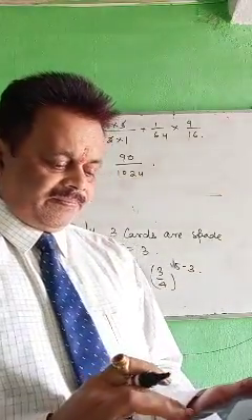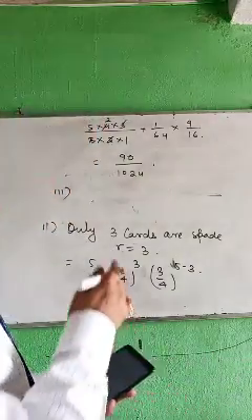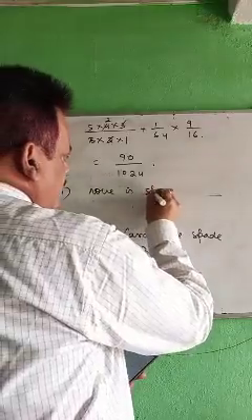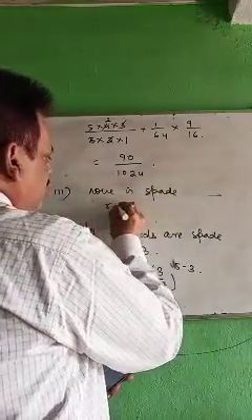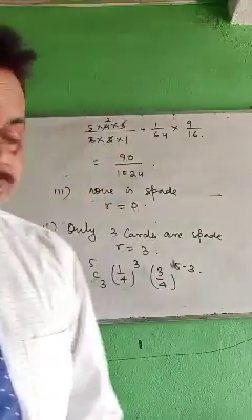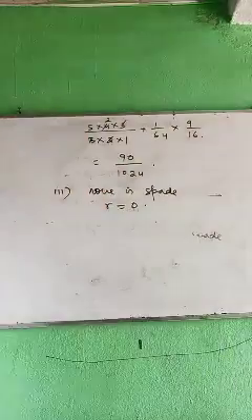Third part of the question. None is spade. None is spade means your r equals 0. So put the values. r equals 0 means what will you get?